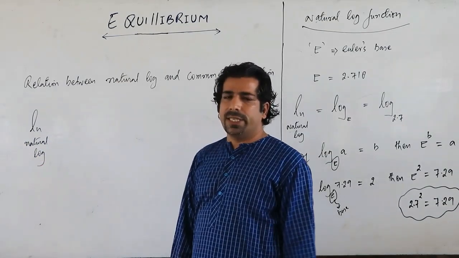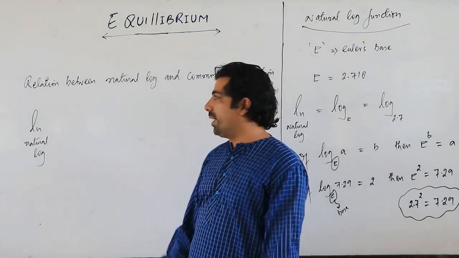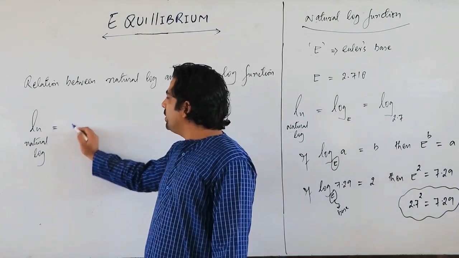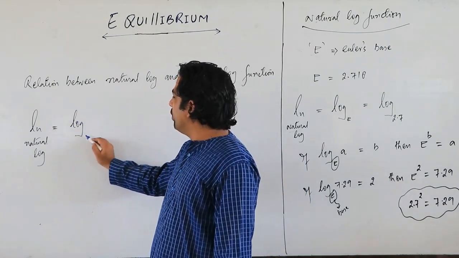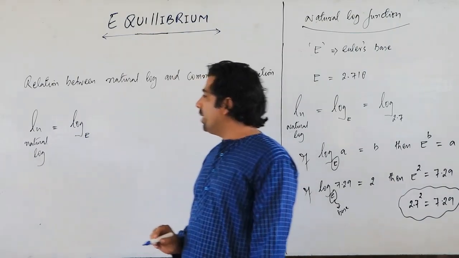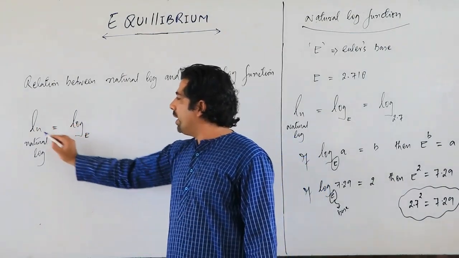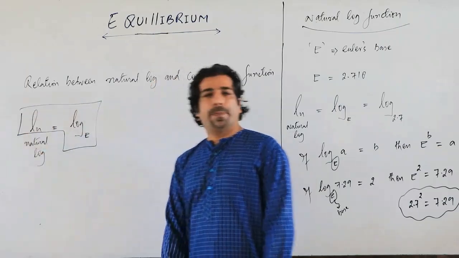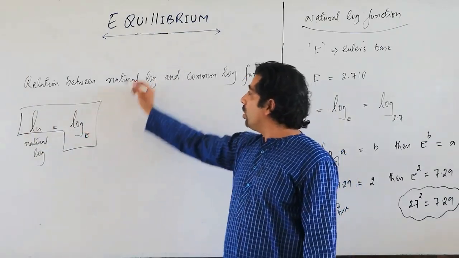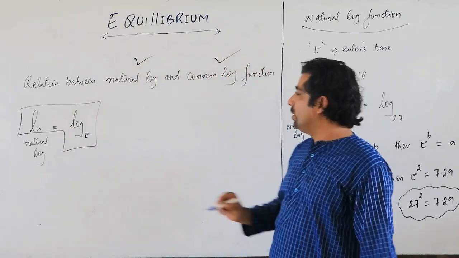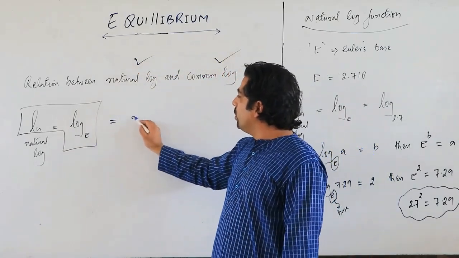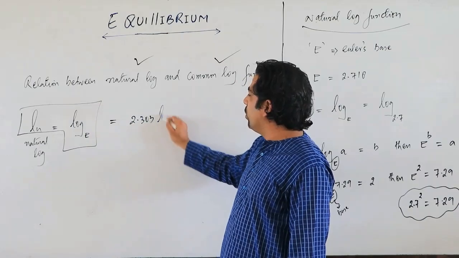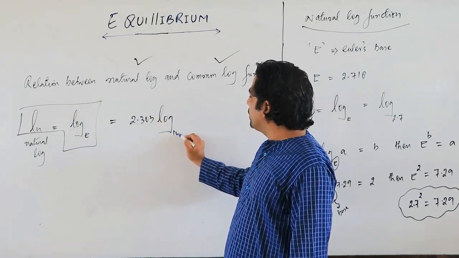I am not going into detail, I am showing you the techniques for how you can find things out. ln is equal to log with base e. This is your natural log, my dear friends. Both are natural log only. Now how is the natural log related to the common log? It's equal to 2.303 log with base 10.